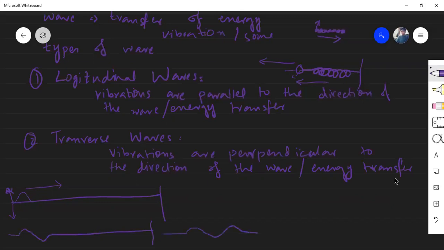So what you would see here is that you're oscillating in the vertical direction, but the wave is still moving in the horizontal direction. So in this case, the energy transfer, or whatever you would like to call it, is perpendicular to the vibrations or the oscillations that you're making.